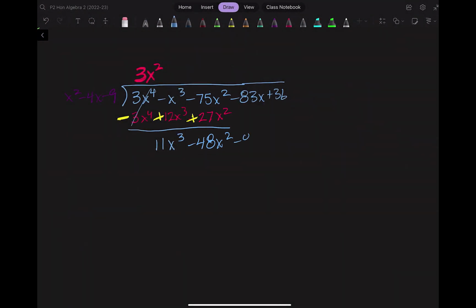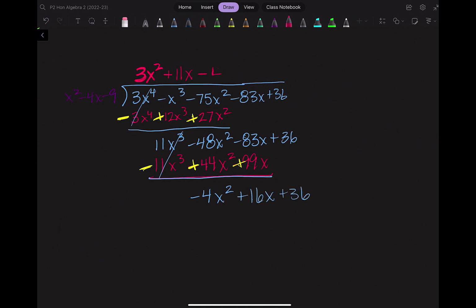We'll bring the next term or terms down and continue that whole process, which I will do now. And as we get down to the end, when I switch my signs and try to subtract, I do get a remainder of 0, which is what I expected.